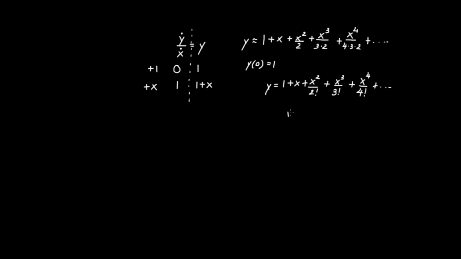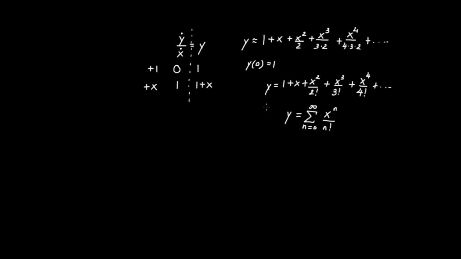And if I wanted to very compactly express this infinite series, I could write it like this. y is equal to the infinite sum, letting n go from 0 to infinity, of x to the n over n factorial.